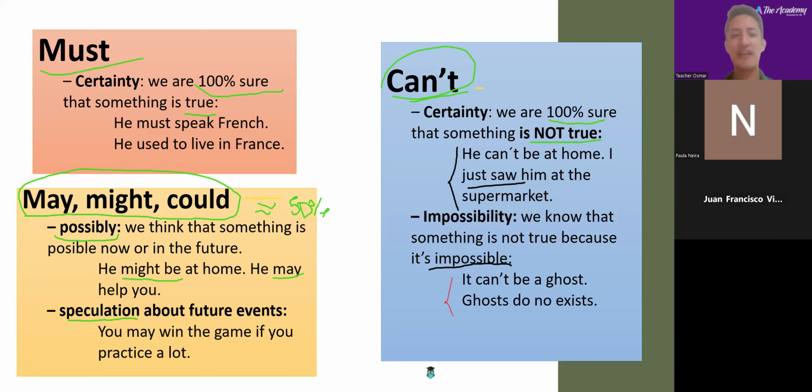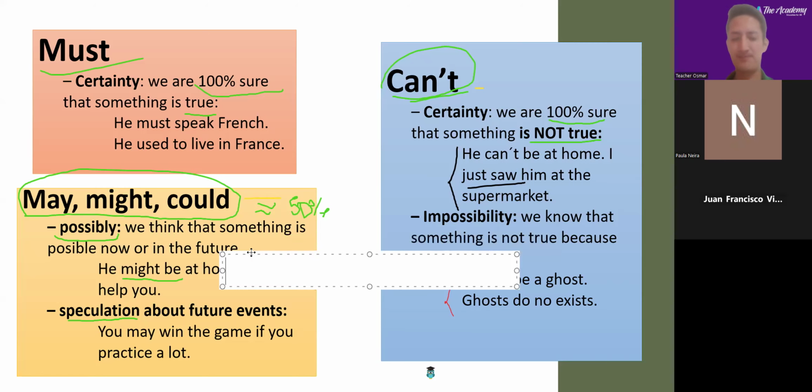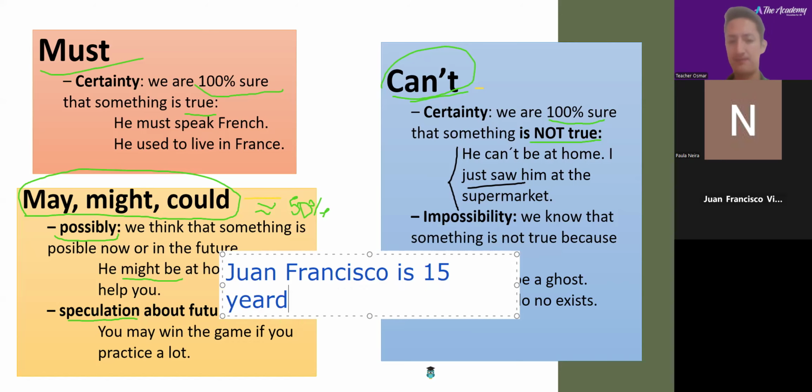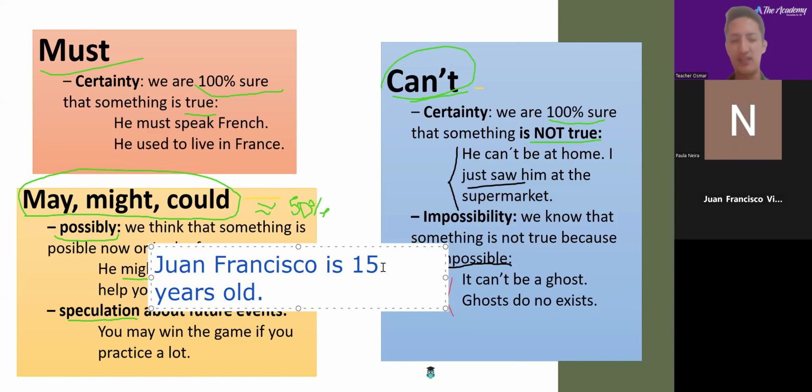Excellent. Remember, may or might can also be used in positive or in negative, okay? For example, Juan Francisco is 15 years old. I don't remember exactly. Juan Francisco, I believe that you are 14 or 13. Yes, teacher, 14 years old.